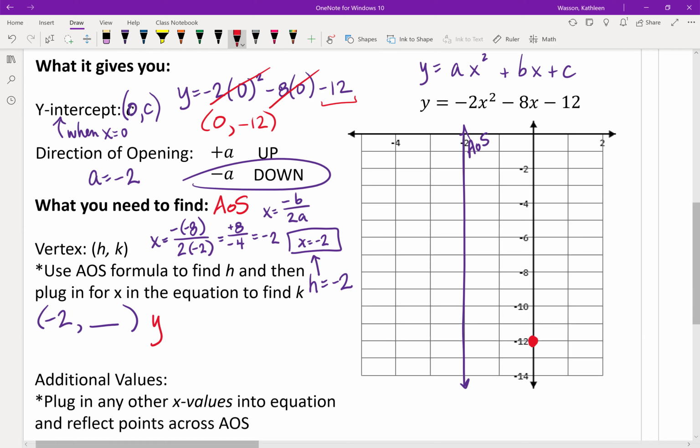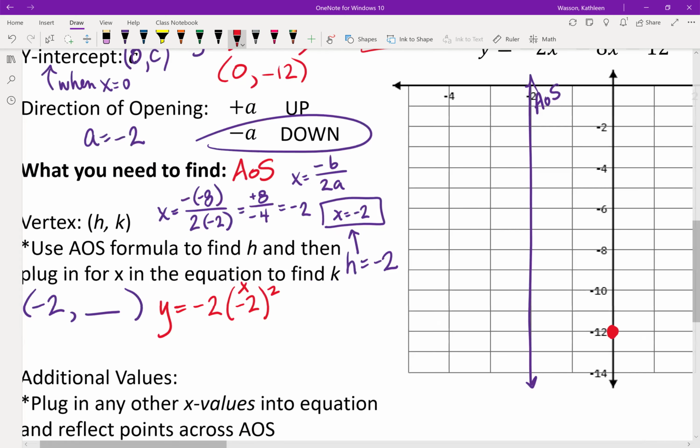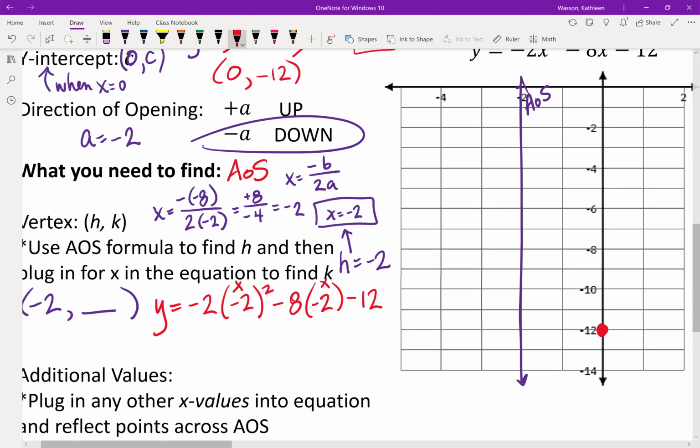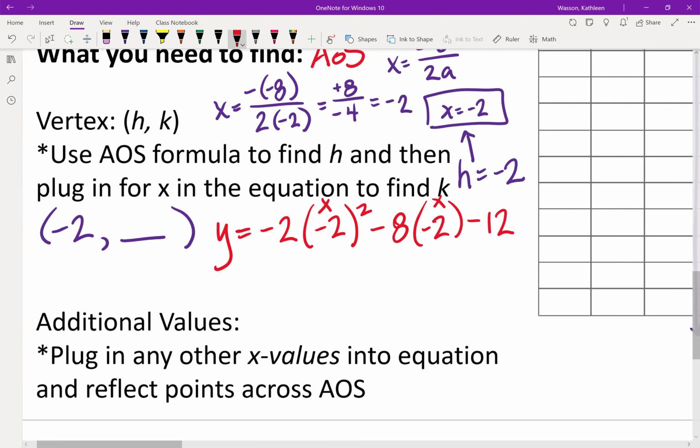My equation when I substitute is y equals -2 times (-2) squared, because the x is -2 on the axis of symmetry. And then I have -8 times -2, that's the x, and -12. -2 times -2, that's (-2) squared, that'll be +4.